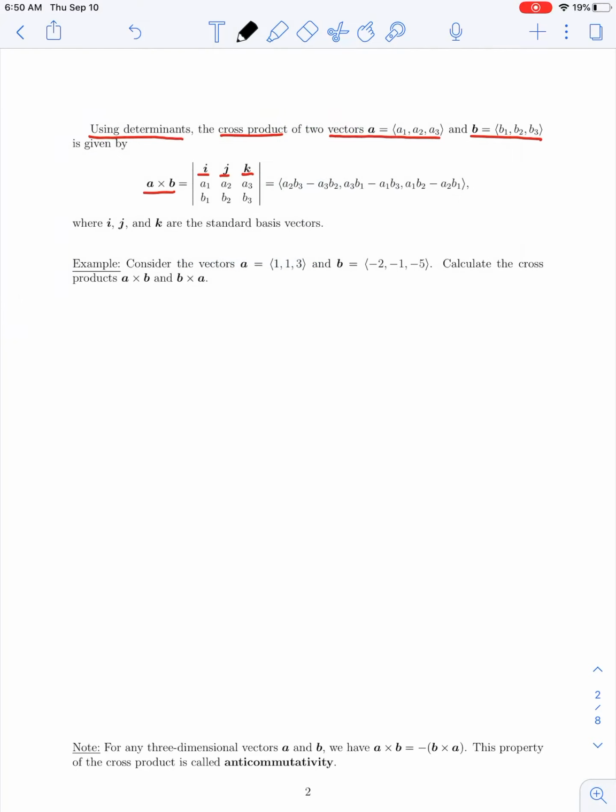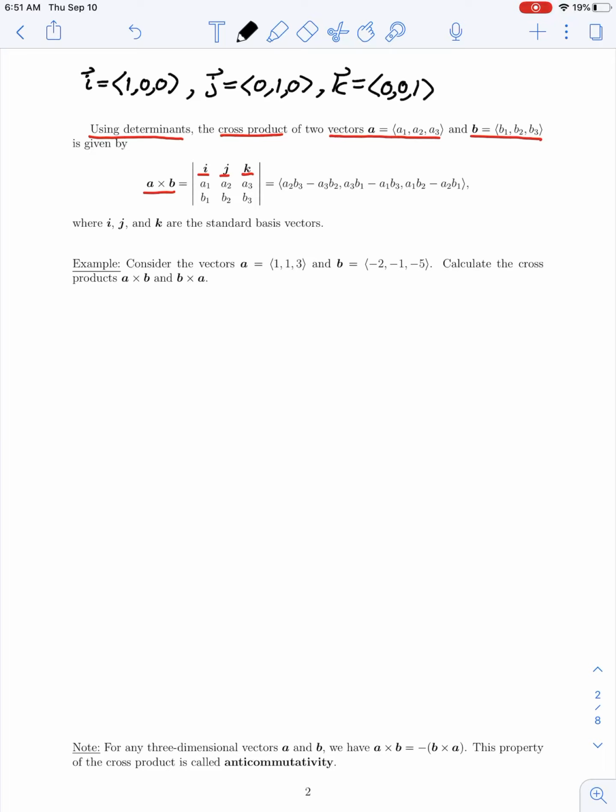So a little review there. Recall the standard basis vectors for space: I was the vector 1, 0, 0, J was 0, 1, 0, and K was 0, 0, 1. And recall we could write any vector in 3 dimensions in terms of these I, J, and K vectors.